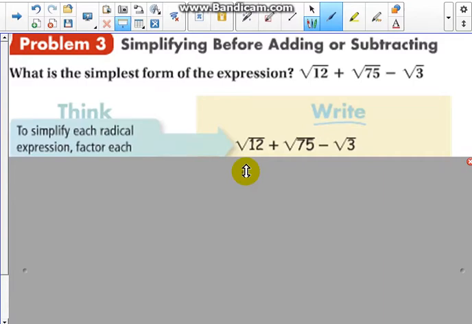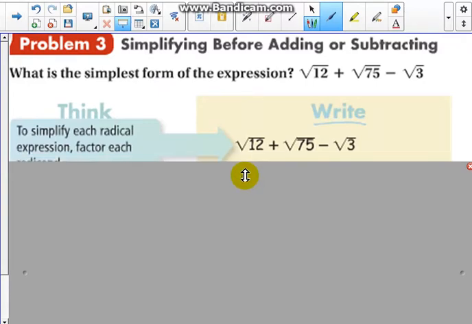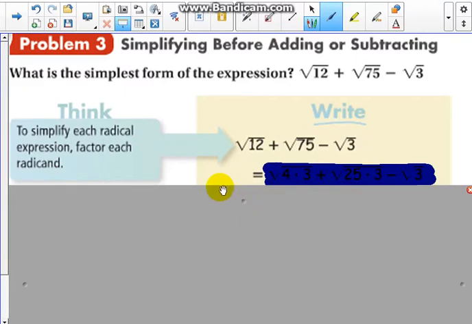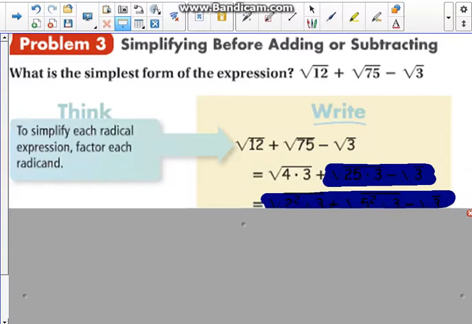So what we need to do is put these in terms of like radicands if we can. That means we have to start taking out things. These are square roots, so we need to get things in squares if possible. So 12 is what? 4 times 3, and we know that 4 is 2 squared, right?